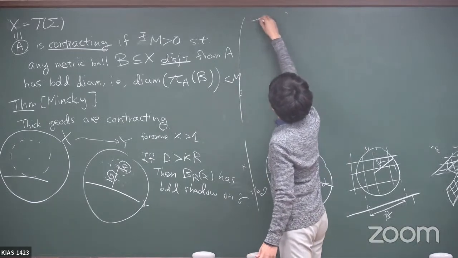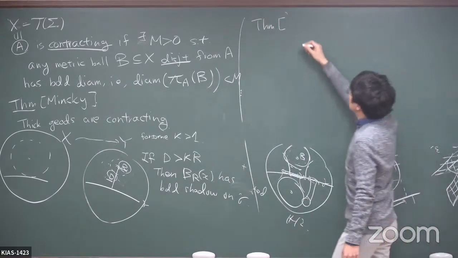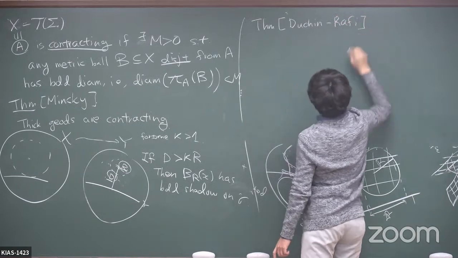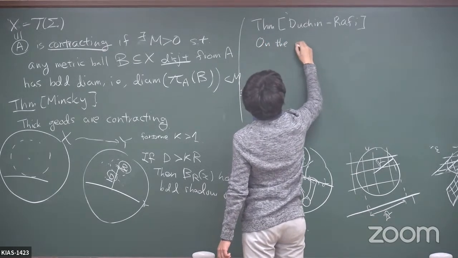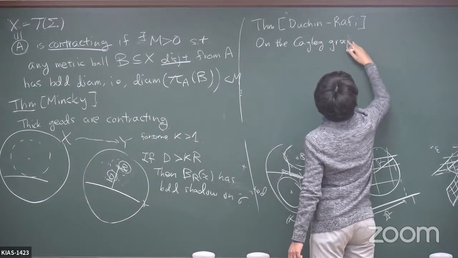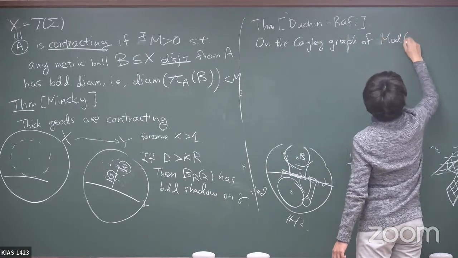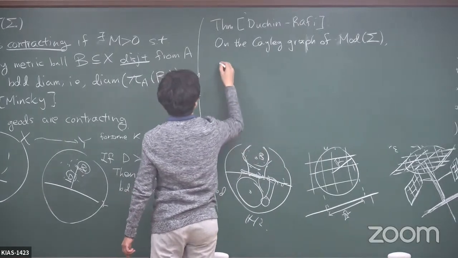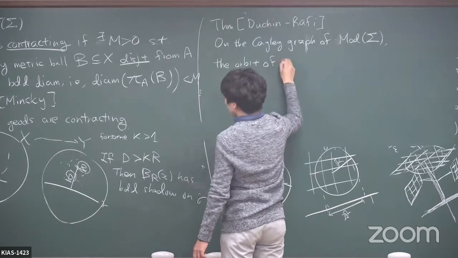This is the work of Minsky, and a relevant fact for the Cayley graph of the mapping class group is due to Duchin and Rafi: on the Cayley graph, certain geodesics, I will say the orbit of certain mapping classes called pseudo-Anosov, is weakly contracting.